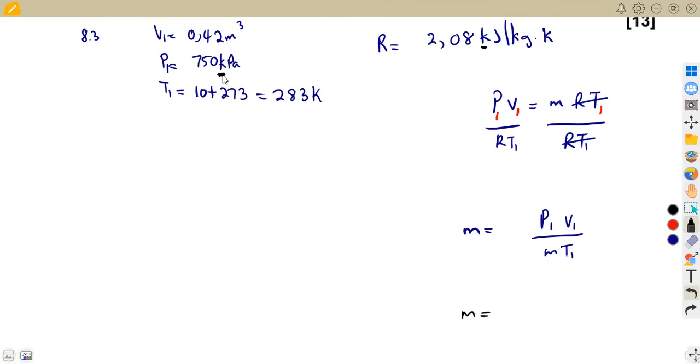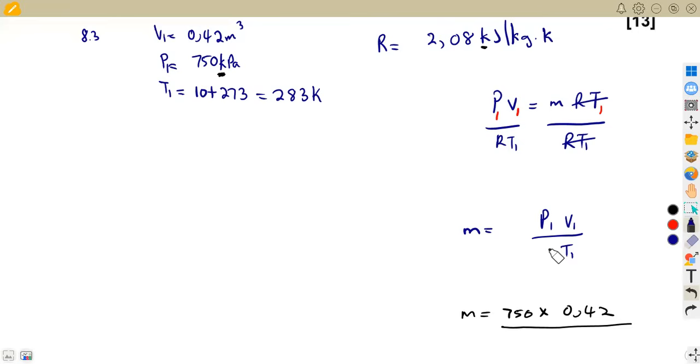This is in kilo, this is in kilo again. So that means we are going to have our P in kilopascals as it is, which is going to be 750 times V1, which is 0.42.